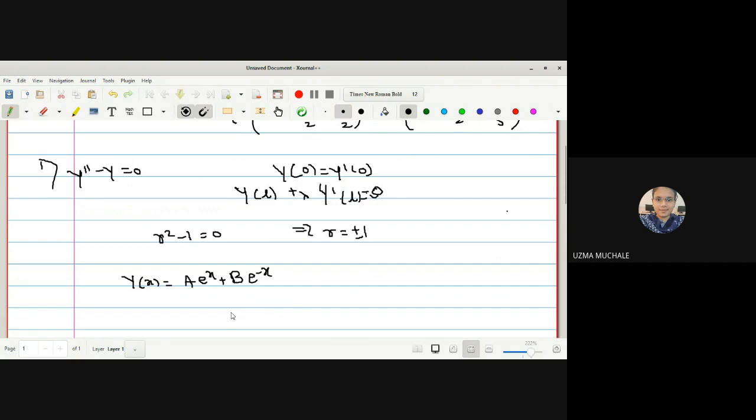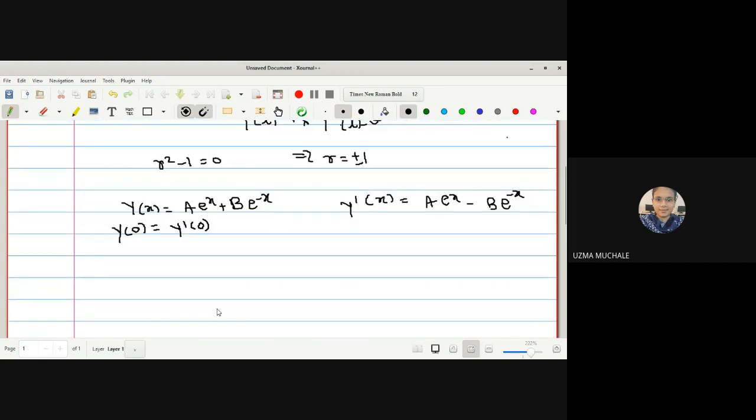Now as we are going to use y dash also for finding the values of those constants, let me evaluate y dash also. y dash of x is equal to a e raised to x minus b e raised to minus x. Now let us use the initial conditions. y of 0 is equal to y dash of 0. So wherever you have x, you put 0.